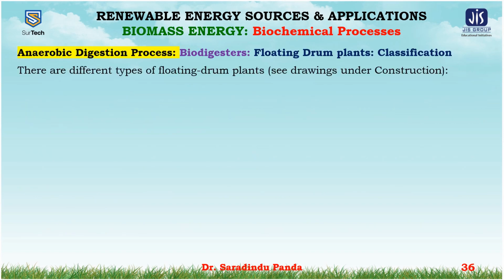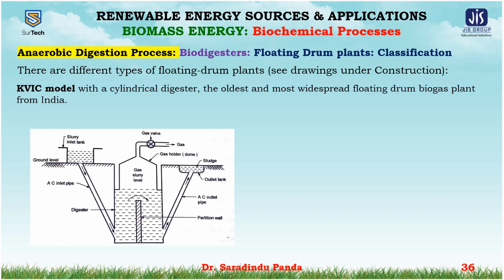There are different types of floating drum plants. The KVIC model. The KVIC model with a cylindrical digester is the oldest and the most widespread floating drum biogas plant from India. The Khadi and Village Industries Commission modeled this type of digester.